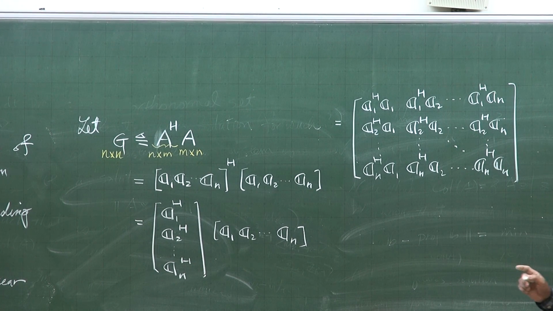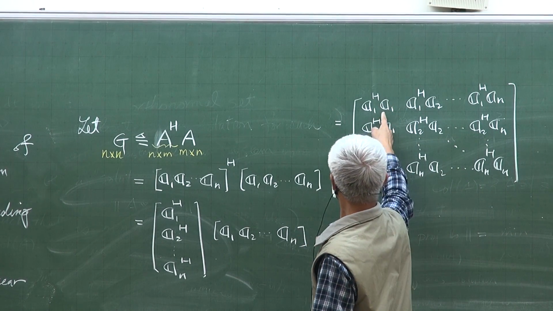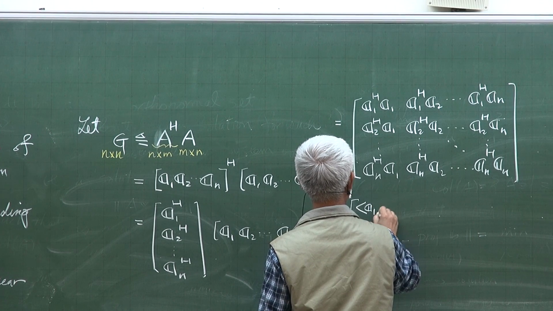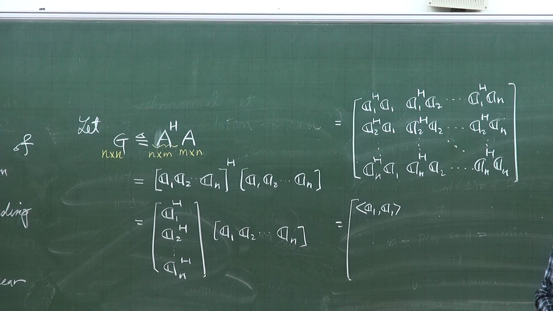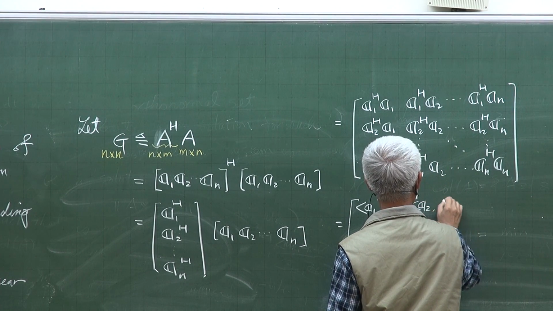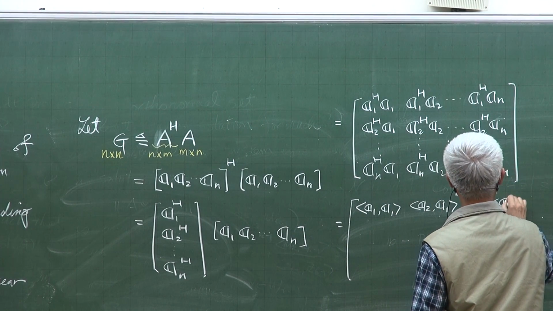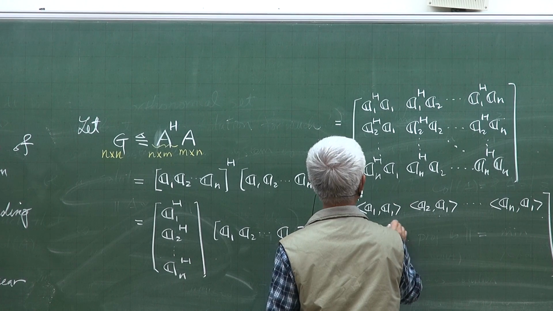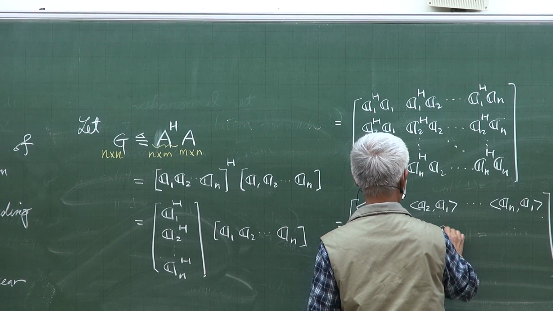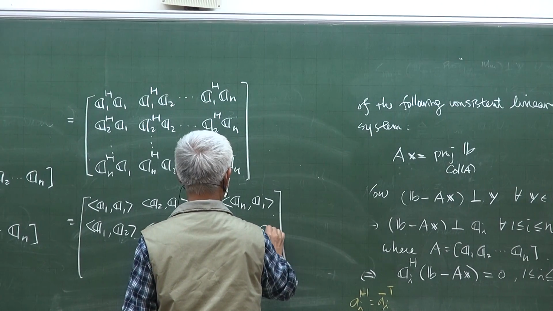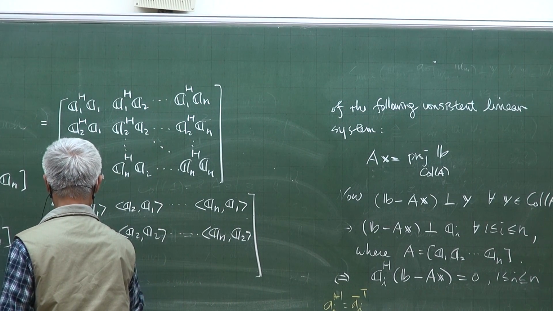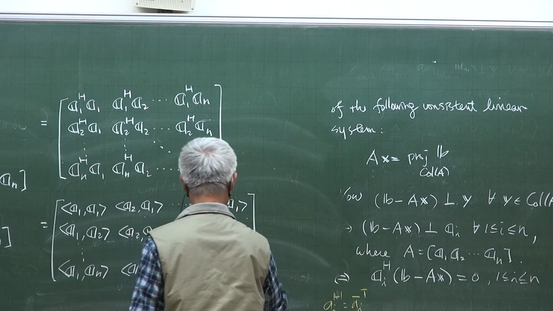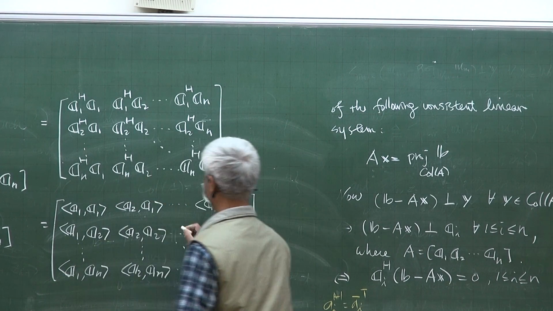And for this n by n matrix, you can see that the entries are the inner products of the columns: the inner product of A1, A1; A2, A1; An, A1; A1, A2; A2, A2; An, A2; A1, An; A2, An; An, An.